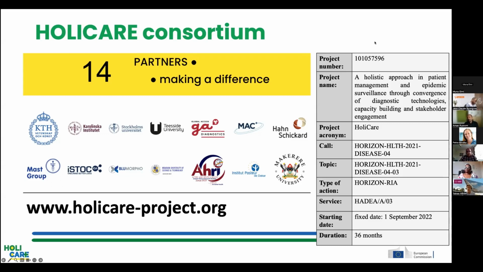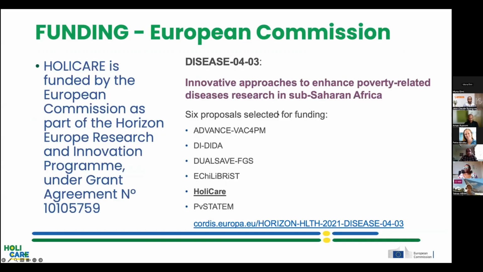It's a 3-year project, and it's been financed by the European Commission. This funding comes from the call on innovative approaches for poverty-related diseases in sub-Saharan Africa. And HoliCare is one of 6 successfully funded consortia within this call.